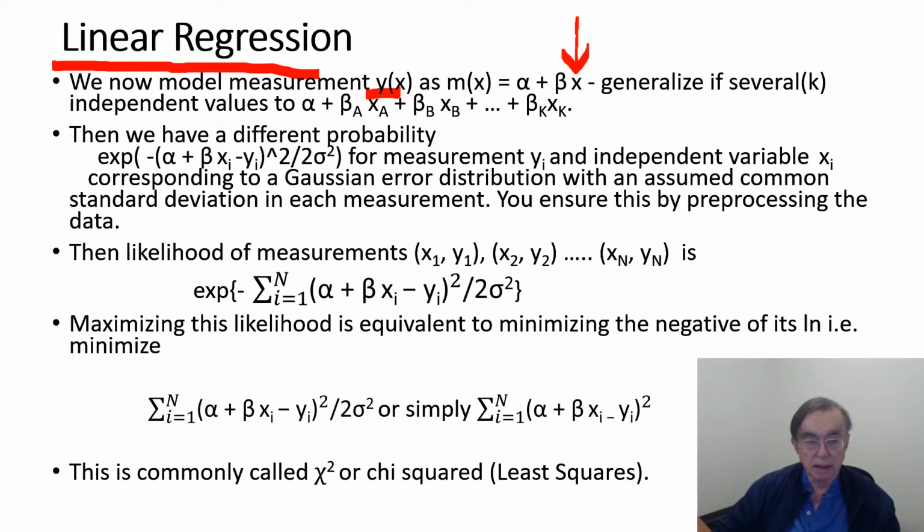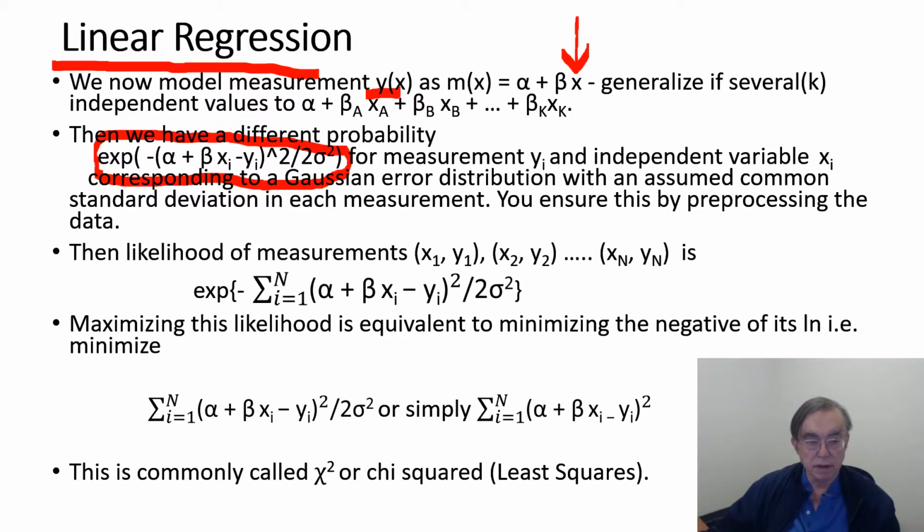Now, we have a very different probability because it's just Gaussian, because we're assuming that this is the type of observation where the deviation of the measurement from the theoretical value is due to some errors.